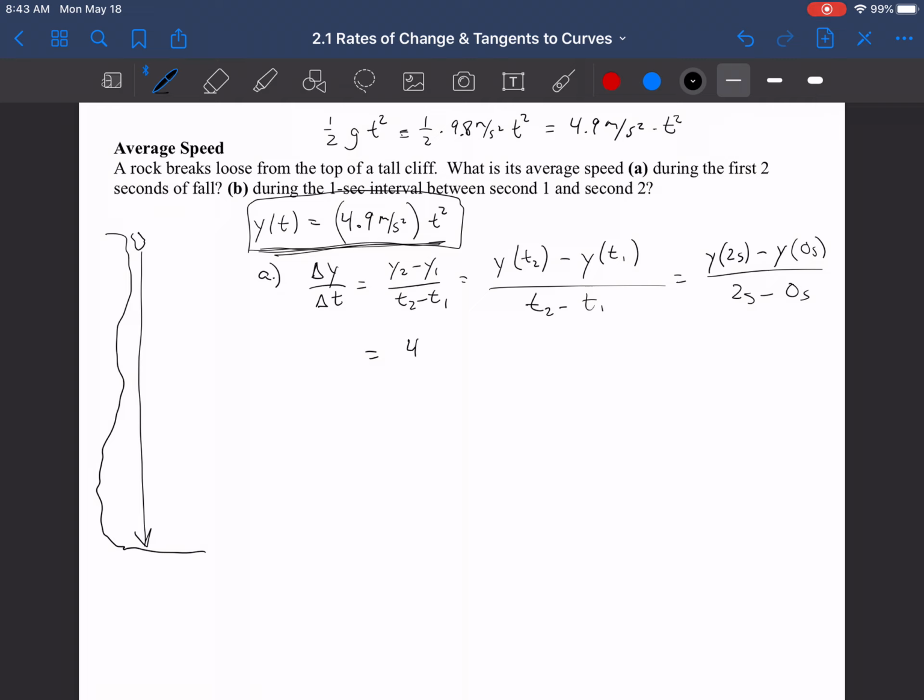This will become 4.9 meters per second squared times 2 seconds squared minus 4.9 meters per second squared times 0 seconds squared. So you know that's going to just be 0, over 2 seconds minus 0 seconds, which is just 2 seconds. Here's what we end up doing.